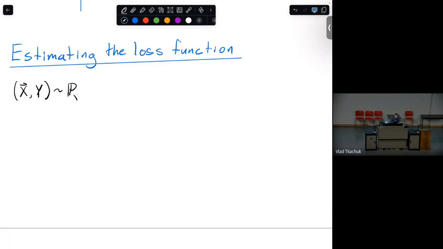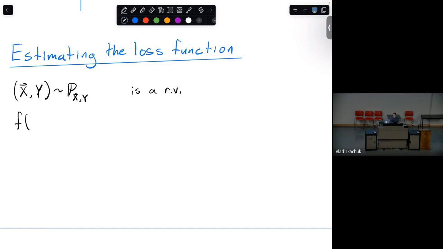We said this thing comes from some distribution P of X, Y. So this is the feature label pair. The point is that this is a multivariate random variable. Okay, I'll just write it as a random variable. This is all I want to emphasize here. This is a random variable.